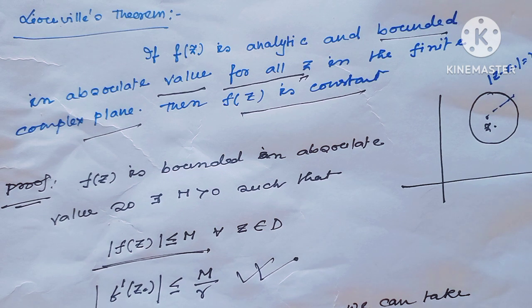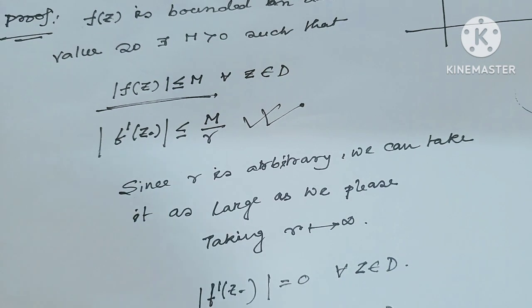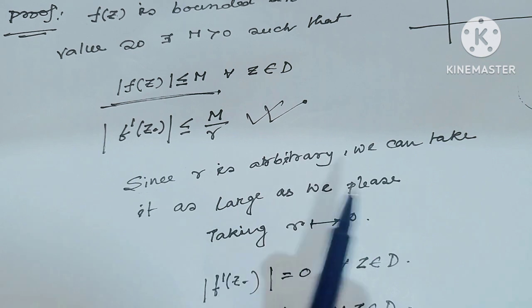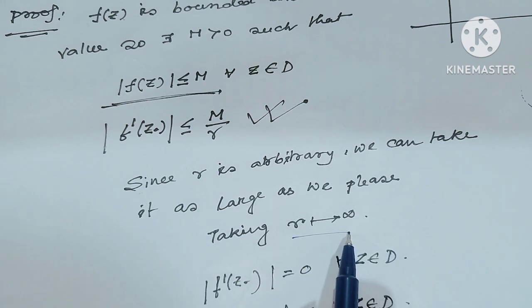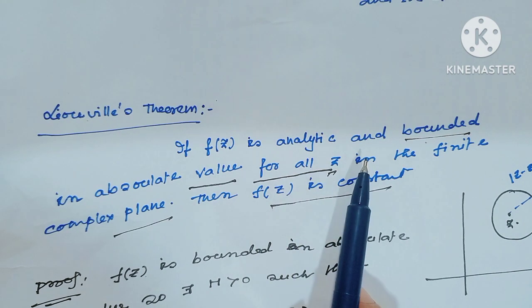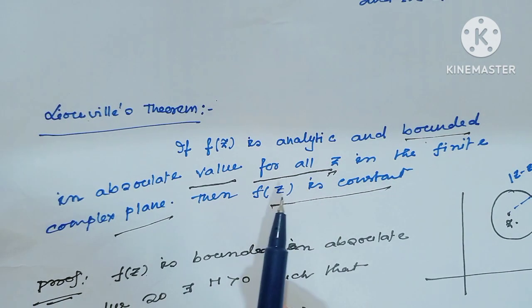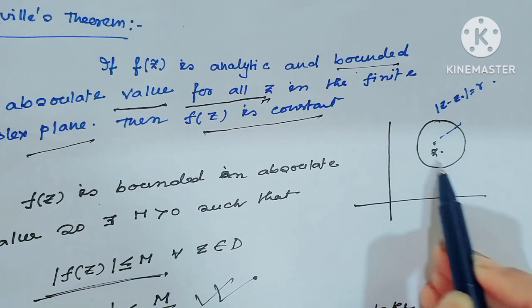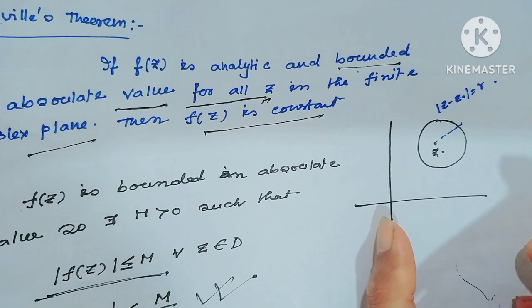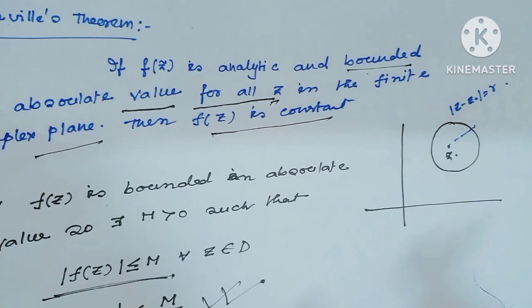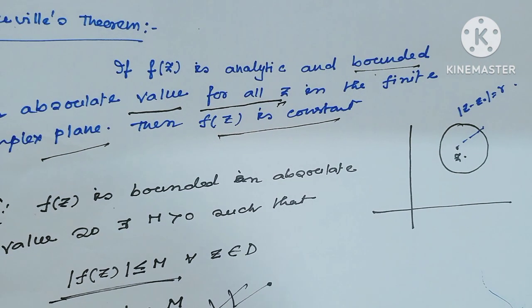Here one thing is very noticeable. I have taken r tends to infinity, but I said f(z) is analytic and bounded in absolute value for all z. That means I started from this radius, and we can increase this radius to infinity.